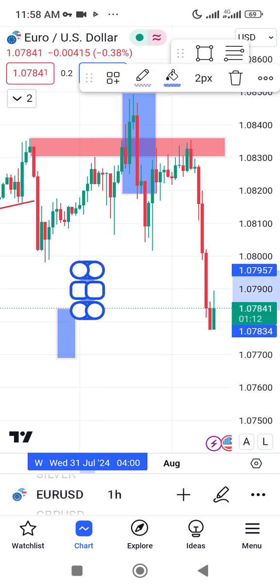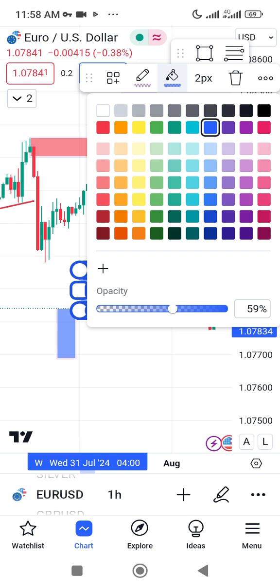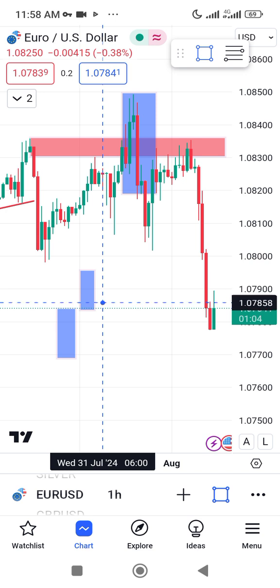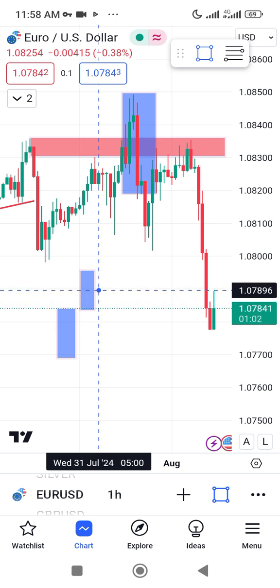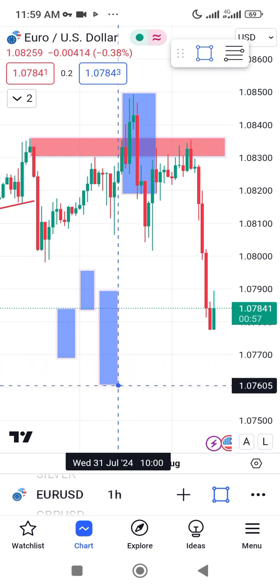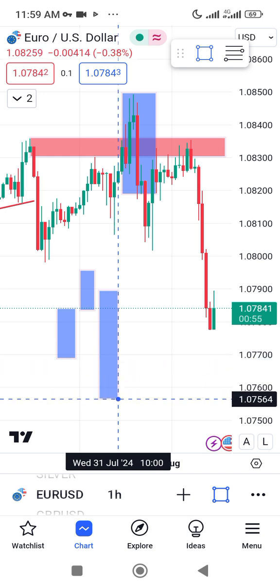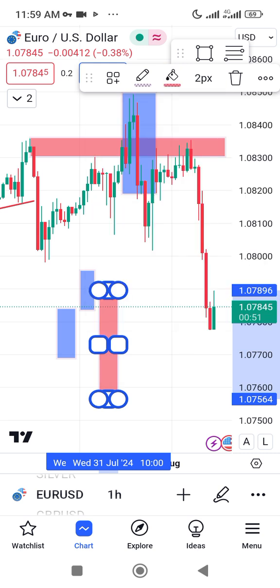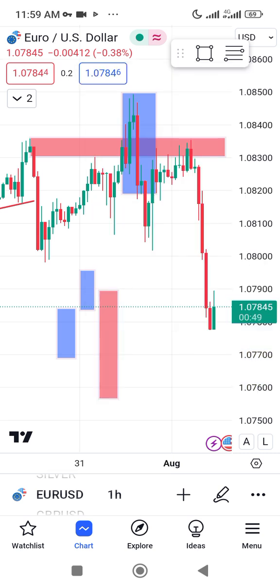It can be a bullish candle, it can be a bearish candle, but let's use a bullish candle. And then we now have a bearish candle. The bearish candle closed below. You can see it closed back into the range. So let me paint this as red. You can see a bearish candle closed back into the range.